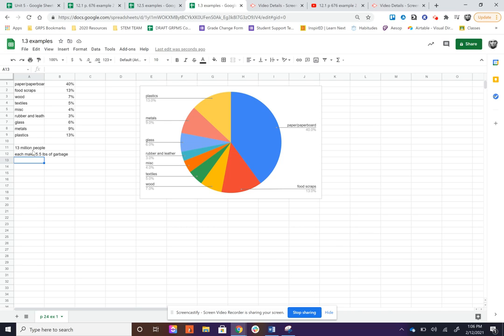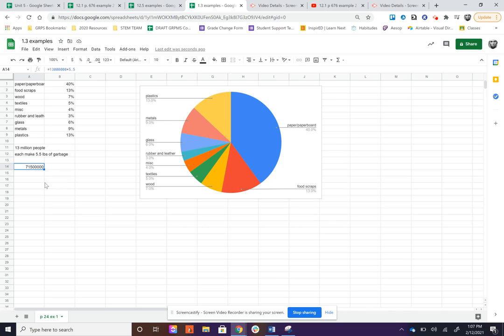So this one's pretty simple. We're going to multiply these two. If each person makes 5.5 and there's 13 million people, what's kind of cool is I can say equals 13 million, and then I can use the little star symbol that's shift 8 to say times 5.5. And it's going to give me how much total garbage in pounds that is.